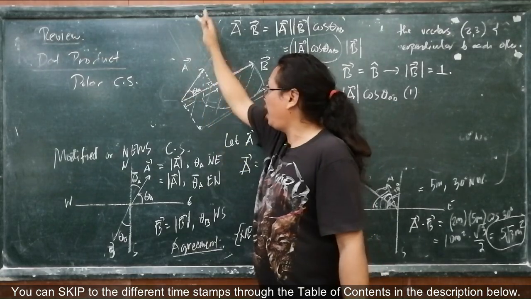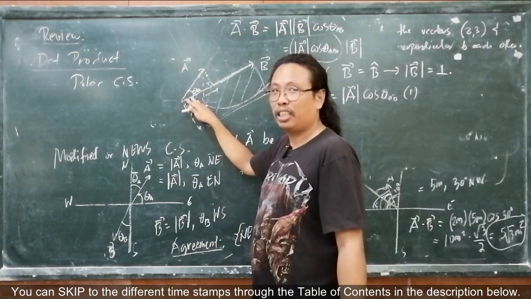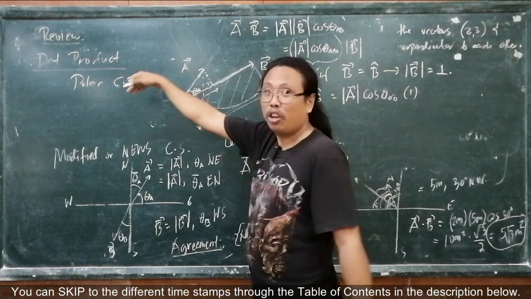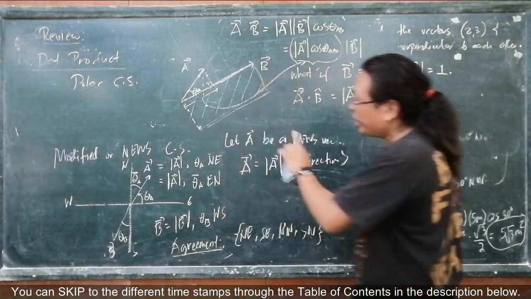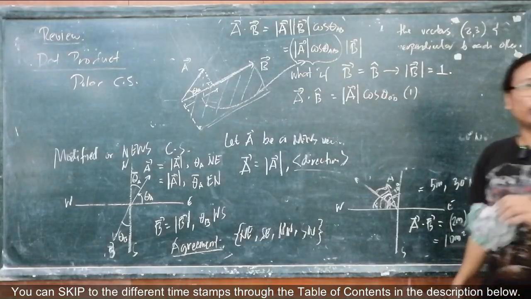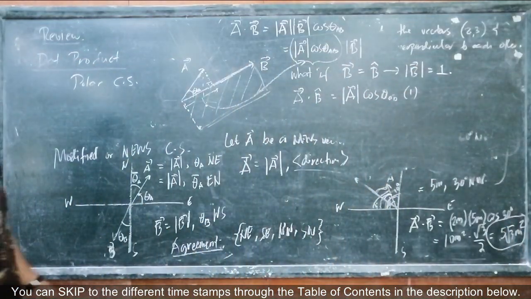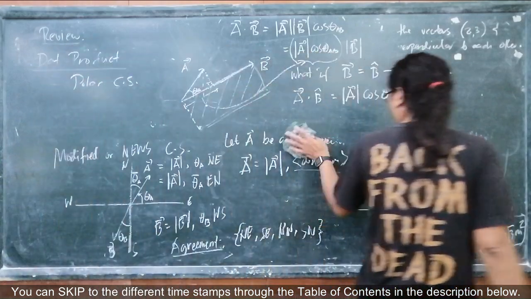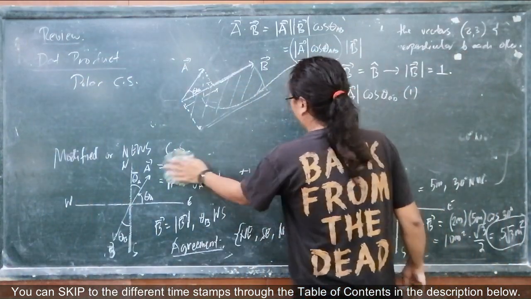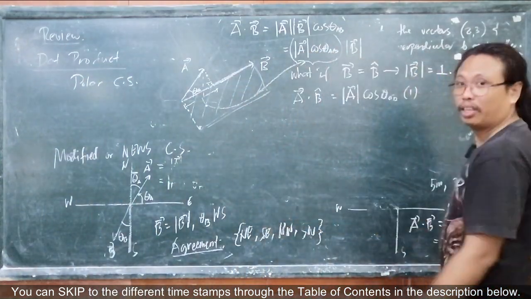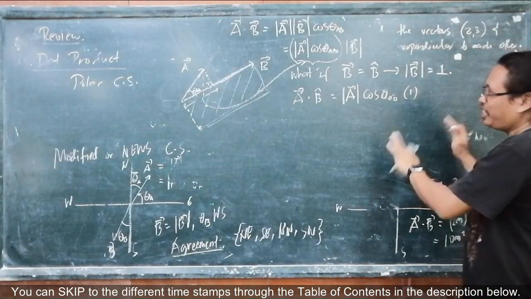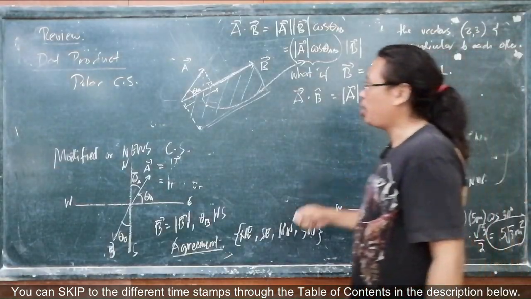AX is the projection of A onto the x-axis, and AY is the projection of A onto the y-axis. We are going to prove that later when we use the unit vectors I, J, K, that AX is indeed the projection of A onto the x, and AY the projection of A onto the y. So, that is now the geometric meaning of the dot product.